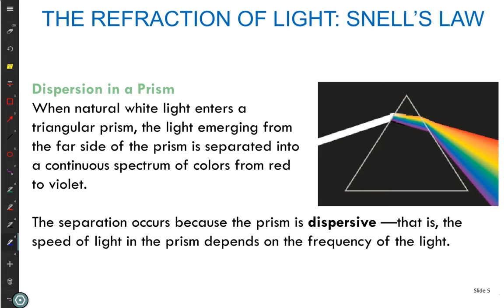What did we talk about? What did we use in our practice problem? Okay, the index of refraction, which has to do with the speed of light. So the amount it bends has to do with the difference in the speed of light. If it slows down more, it's going to bend more. If it slows down less, it's going to bend less.